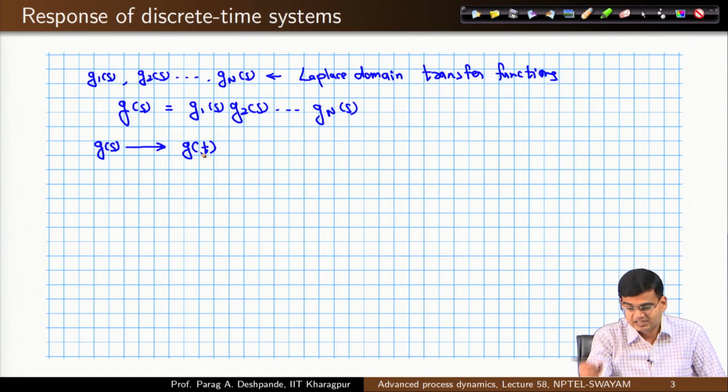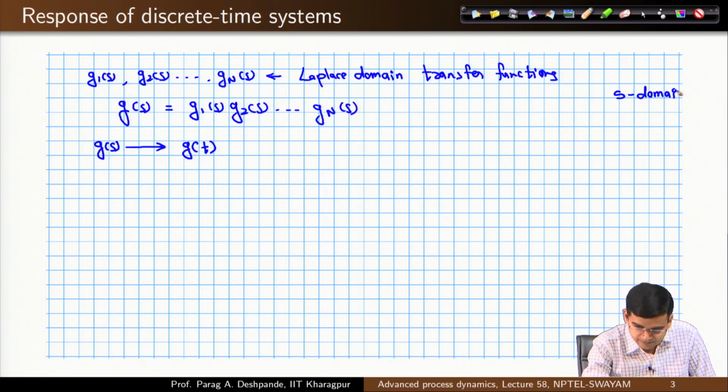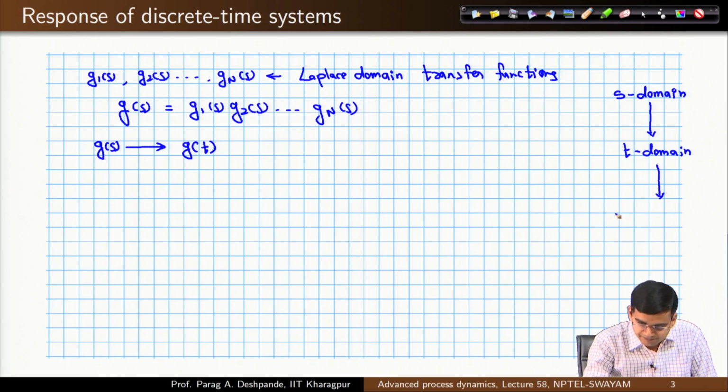If you remember the scheme which we wrote in the previous lecture, you are in S domain, you go to T domain, from where you go to Z domain, right.